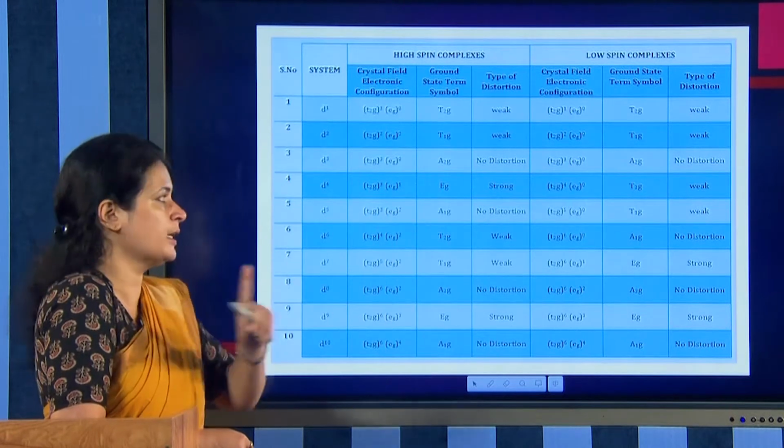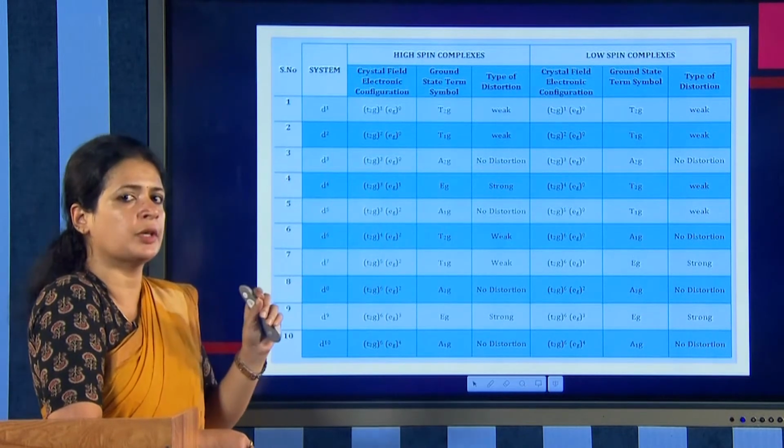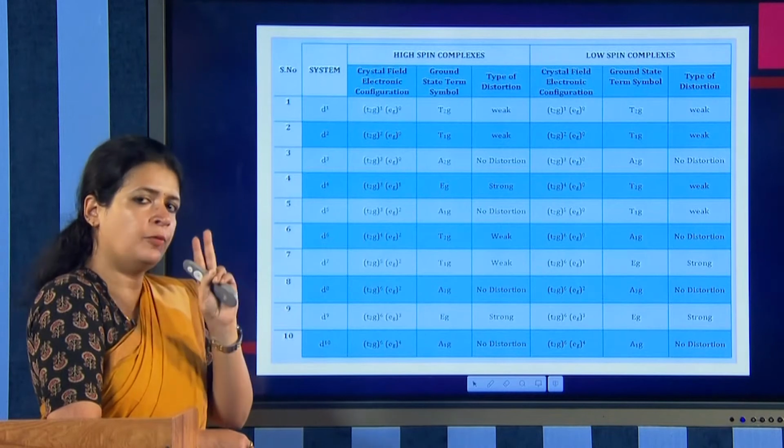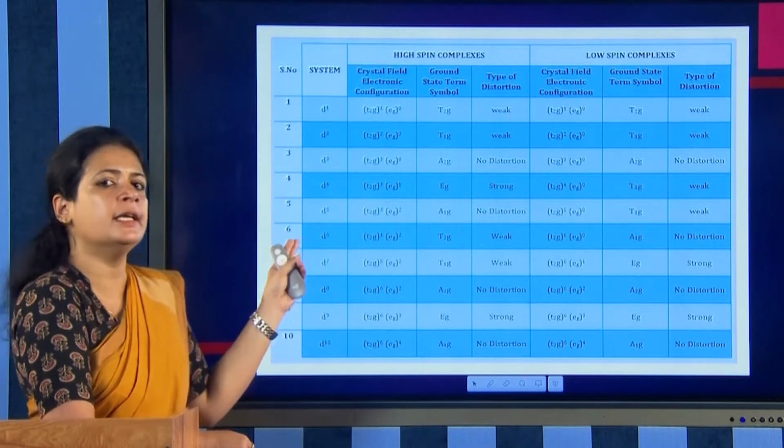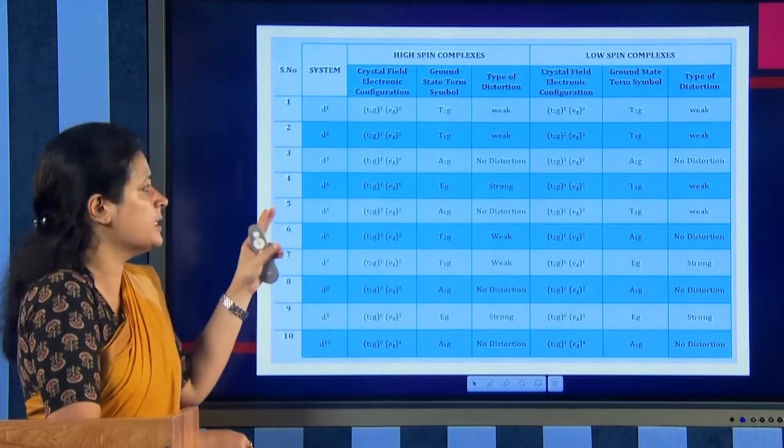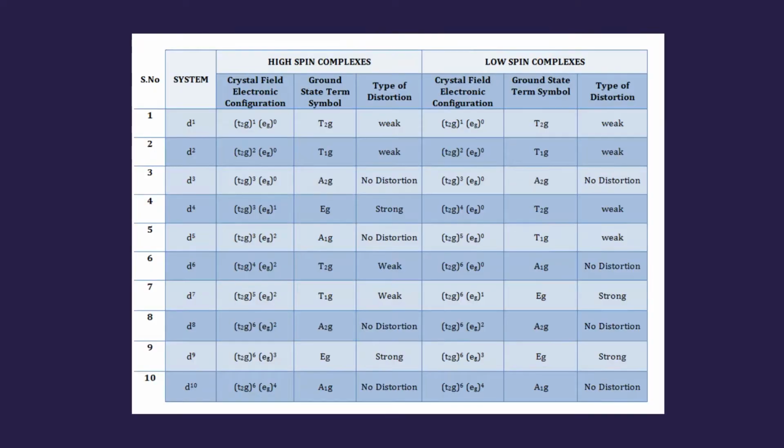In the d4 high spin state, you have a strong distortion, because the 4th electron may occupy either dx square minus y square or dz square. While we are considering the d5 high spin system, after the 3rd electron, the 4th will be moving to the eg, and the 5th also will be there in the eg.